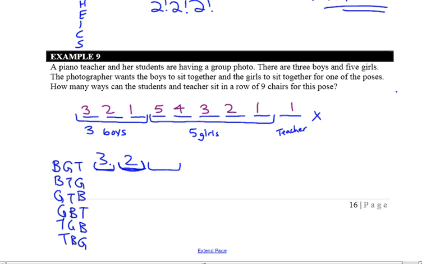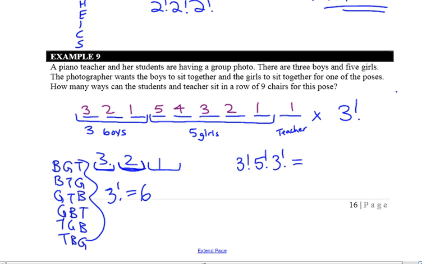So we're going to multiply it by 3 factorial, because there's 3 different groups of objects that we're also arranging. And you can see 3 factorial is equal to 6. Did you get it? Okay. So 3 factorial times 5 factorial times 3 factorial is our final answer.